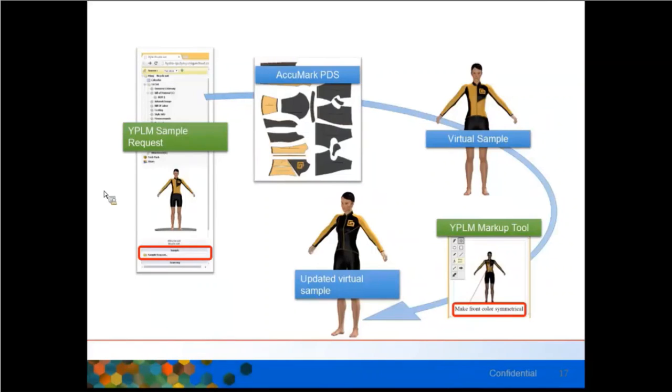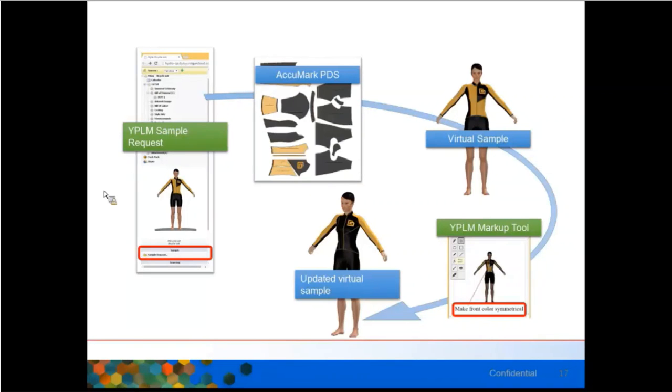Then I just want to talk a little bit about some of the integration opportunities that are available with Unique PLM. So Unique PLM has a function called sample request. So what the customer can do, whether the designer is a technical designer, needs a sample created, they create a sample request, and this can be passed to the pattern maker.